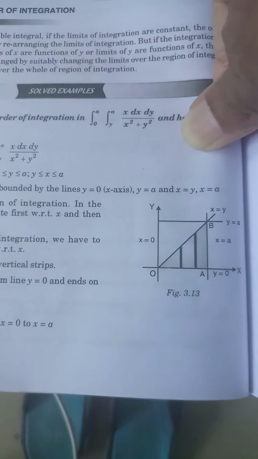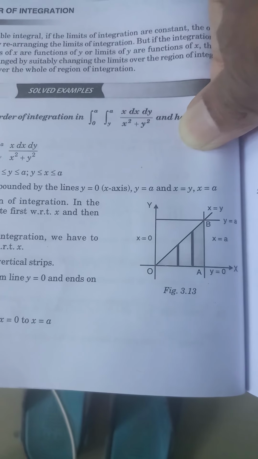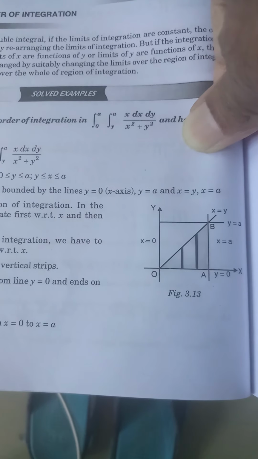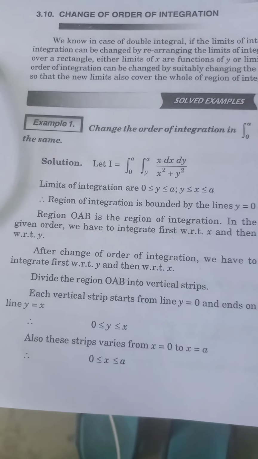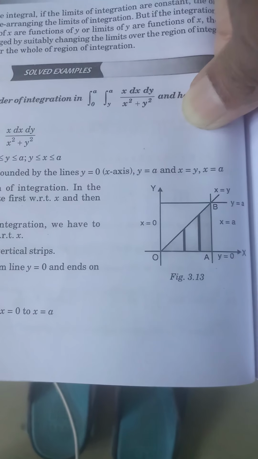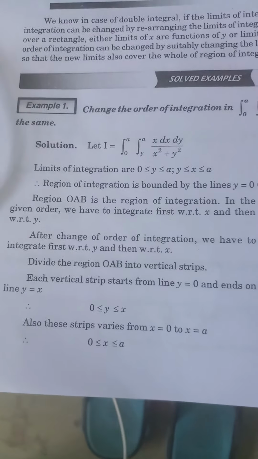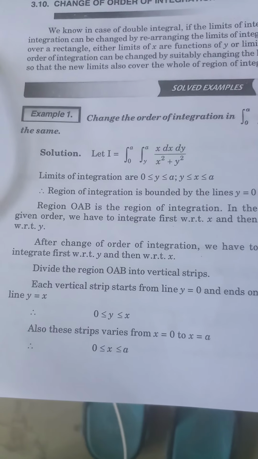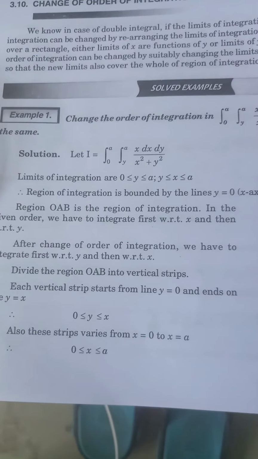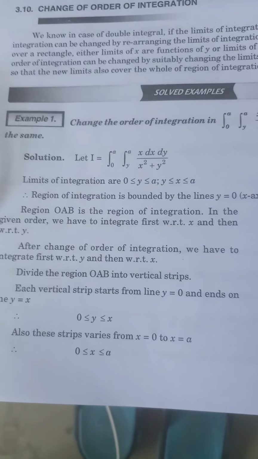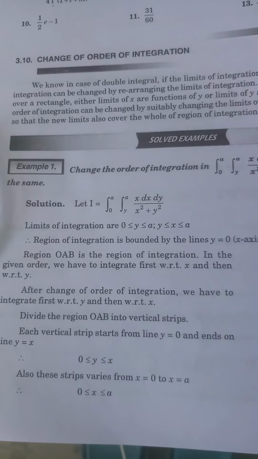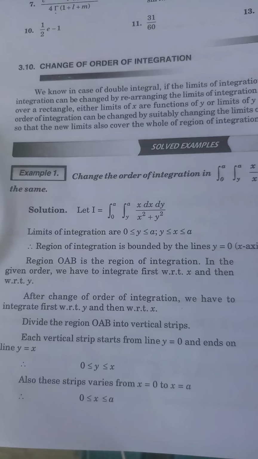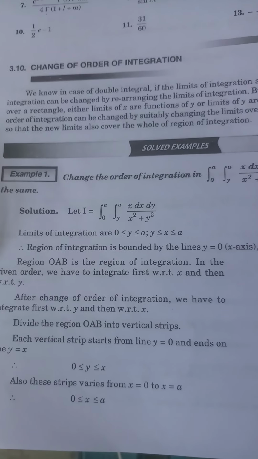x equal to y means a 45 degree angle, and x equal to a. Region OAB is the region of integration.